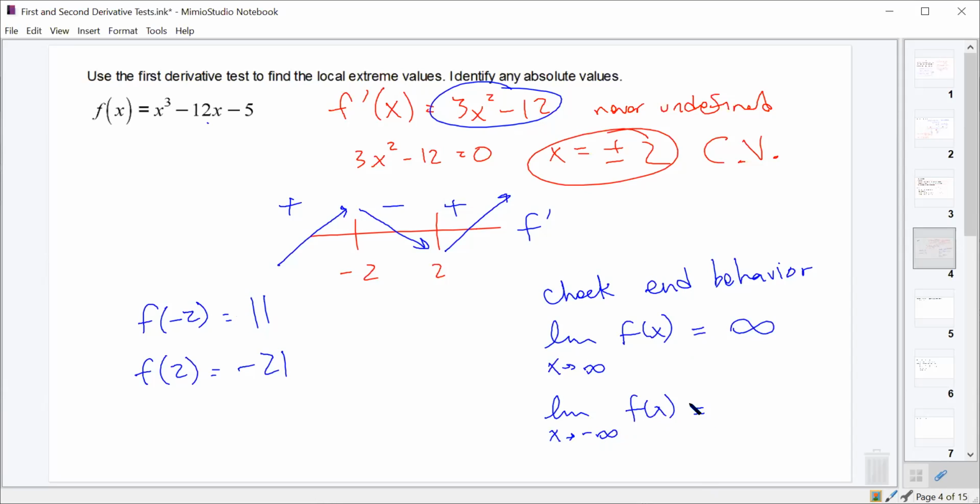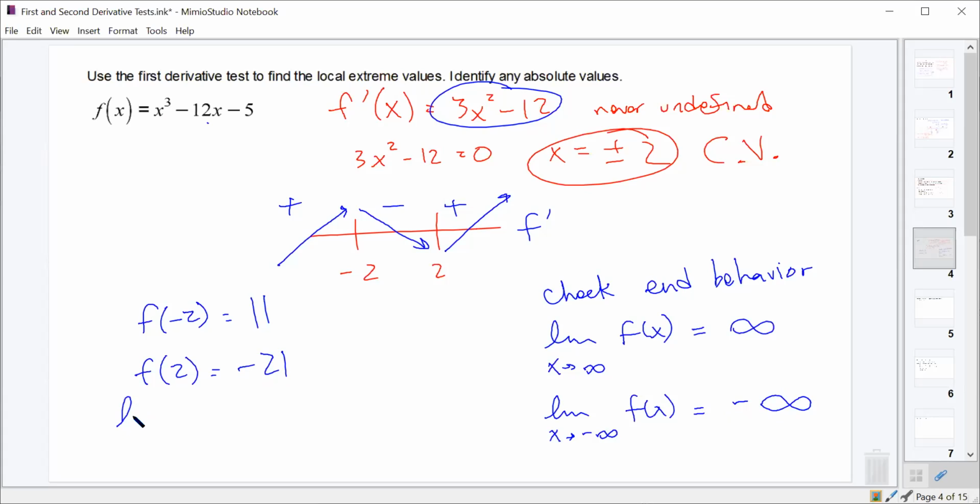And what about with negative infinity? When I cube that negative infinity, that becomes a very, very large negative number, right? And the negative 12x and the minus 5 aren't enough to cancel out the cubed. And so what do we end up with? Negative infinity, which tells us that we're decreasing without bound. We're going down to huge negatives and definitely going below negative 21.